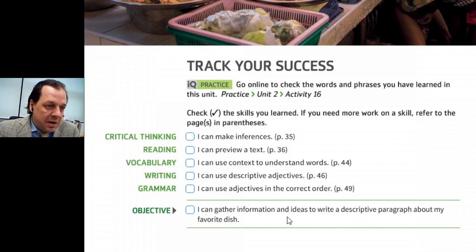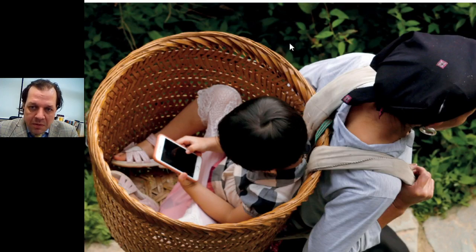And it's a heck of a lot of work when you've got enough to do in this class and others. So you could show me this part. You can certainly track your success. But we will stop there before our next unit.